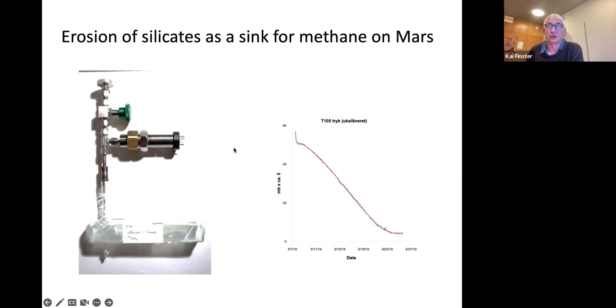And that's actually what we see here. We fill the tube with a certain amount of methane in the atmosphere, and you can see that after a relatively short amount of time, all the methane is removed by this process.